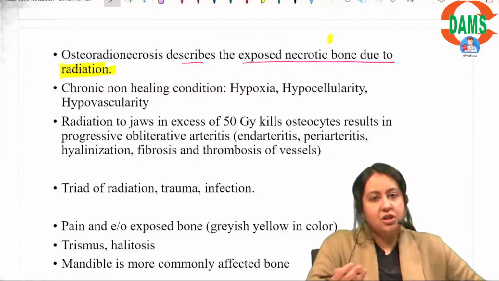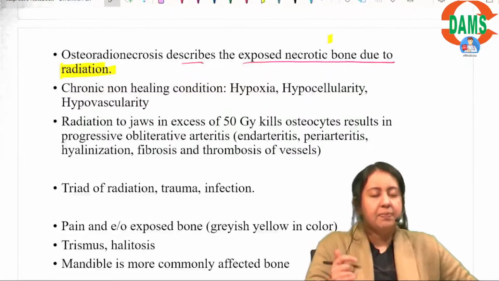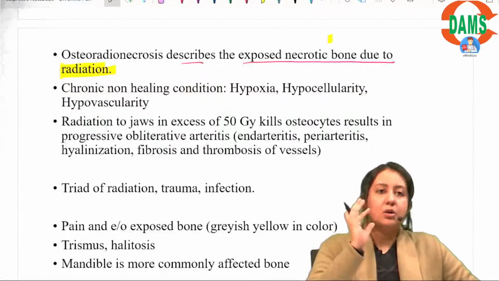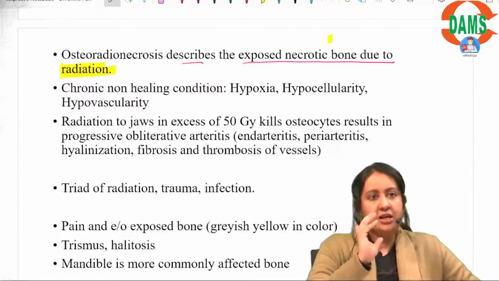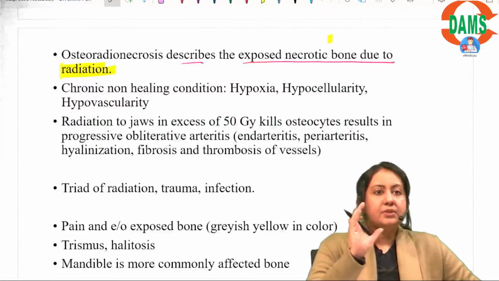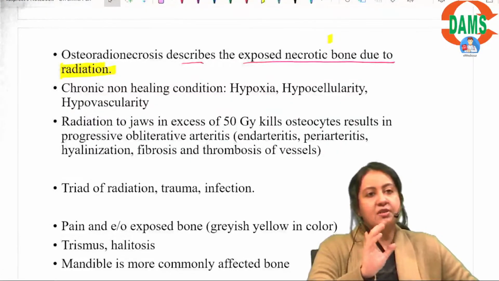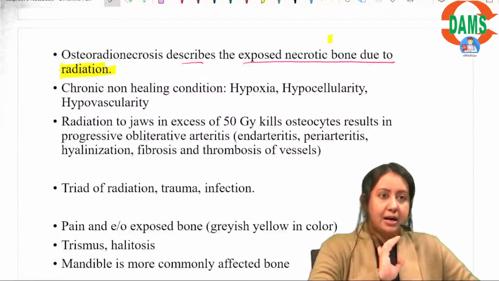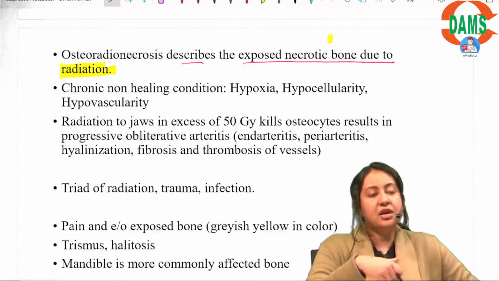So the patient will give you a history of radiation therapy. Specifically, in the orofacial region or head and neck region, we mostly see patients developing osteoradionecrosis of the mandible due to radiation received for oral cancer.